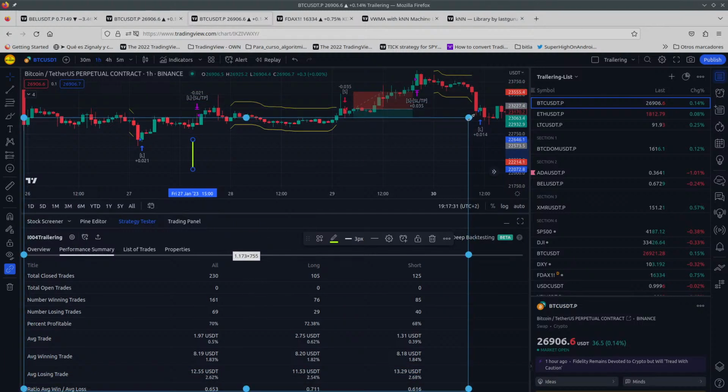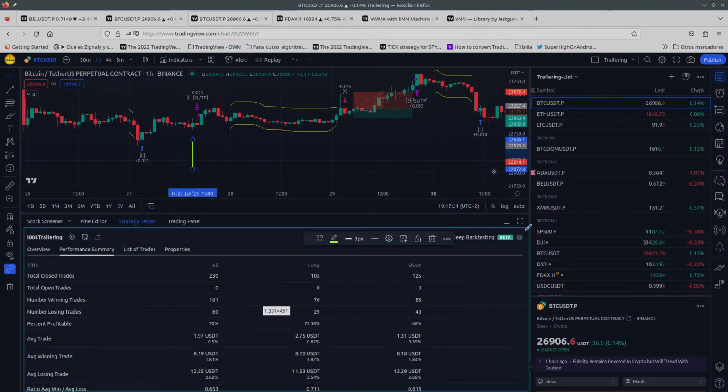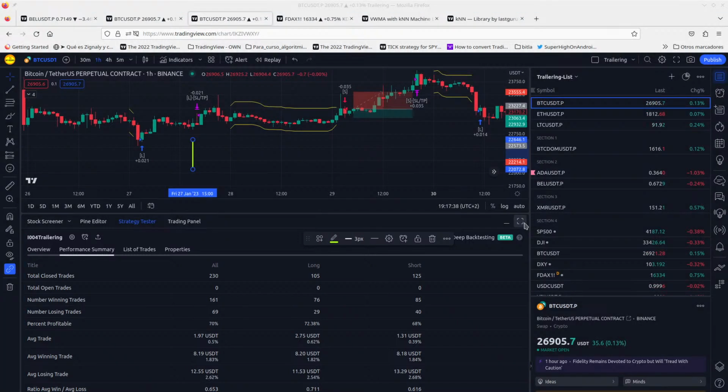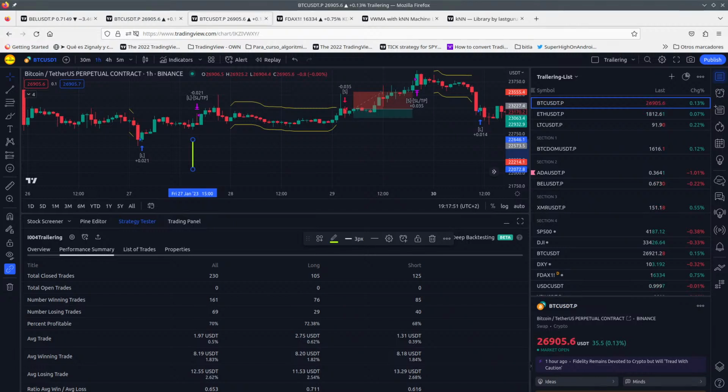So this is what I want to check. Okay, so I will save this somewhere else, and hopefully I don't manage to lose this image. But you can see here percent profitable is 72%, so we want this to be bigger.